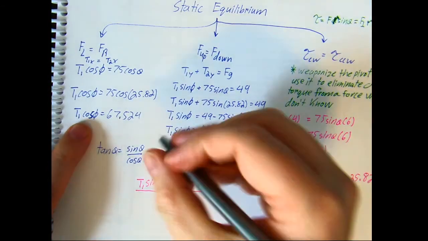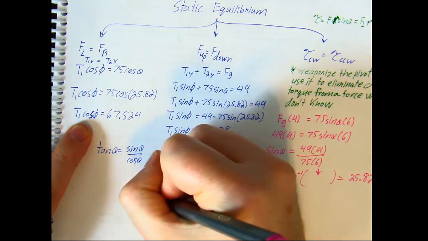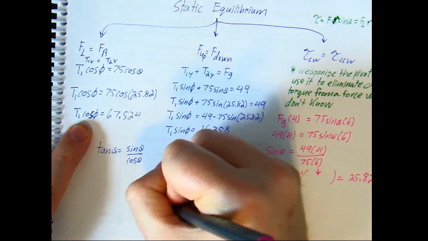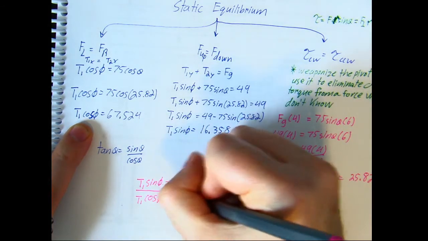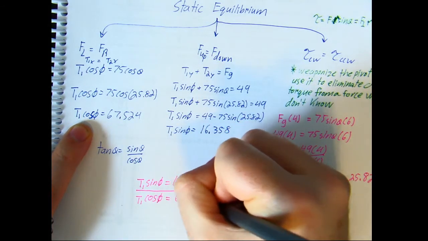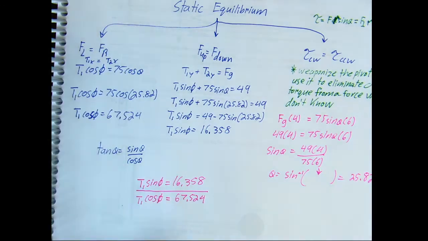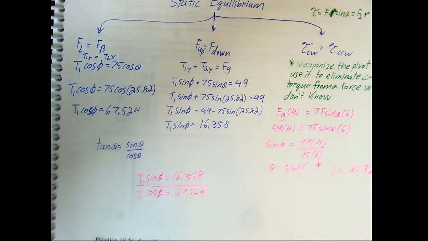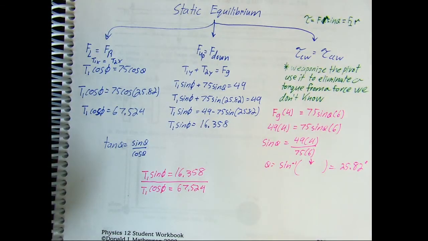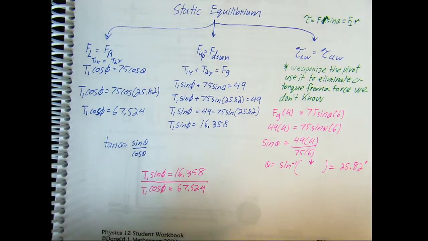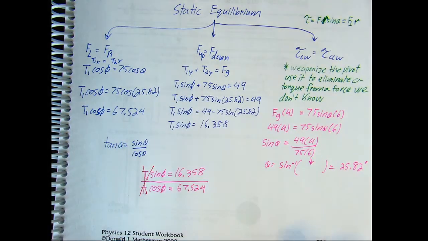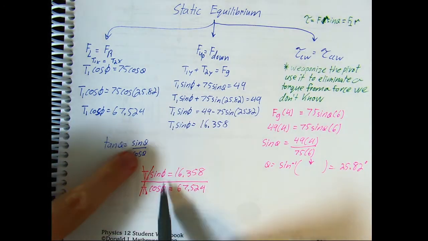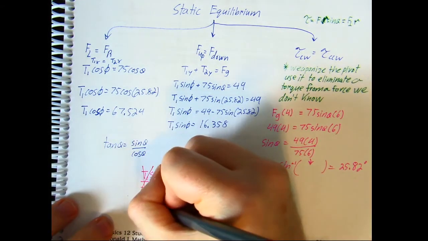Now this is a technique that you should have seen when solving systems of linear equations, I want to say either in grade 10 or grade 11. I don't remember where it shows up, but you should have seen it before. What this allows us to do is cancel out T1, and then sine phi over cos phi gives us tan phi.